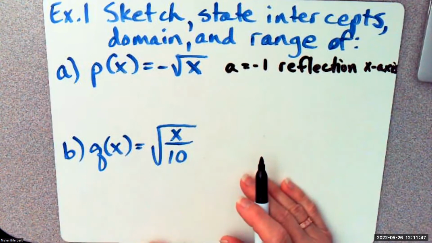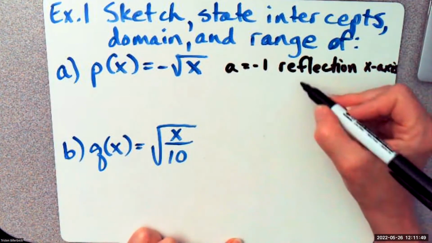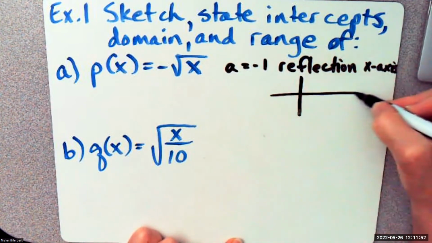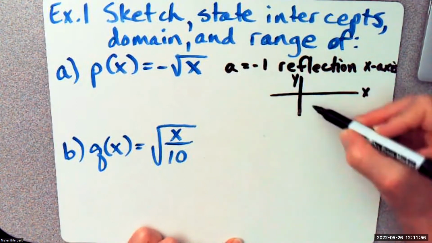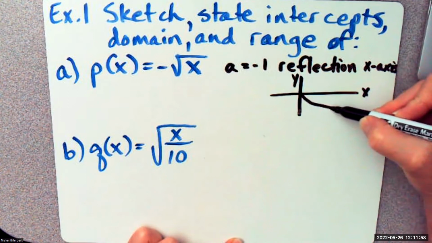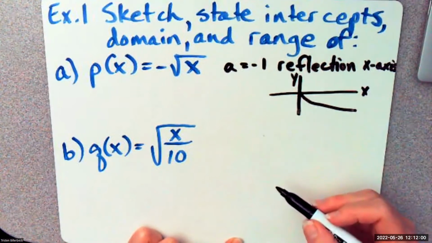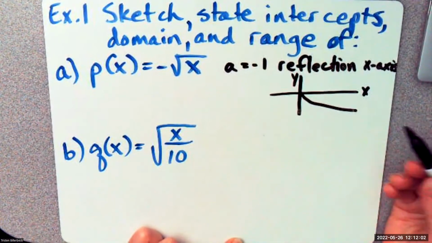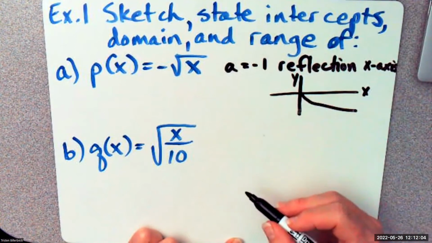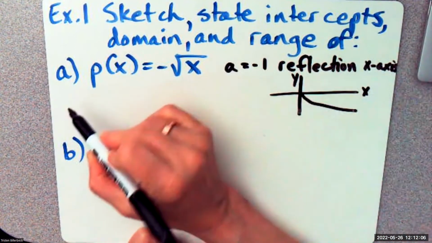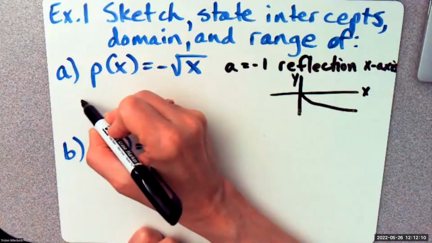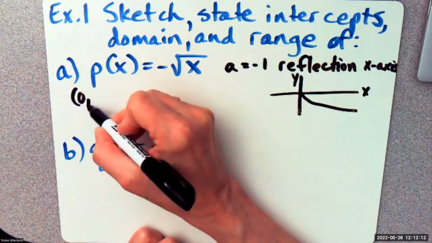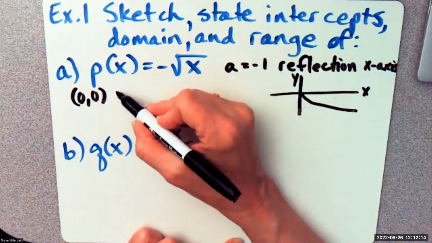Okay, so what we're going to see then is if we have an x, y and nothing else has changed, it's just going to look something like that. Okay, so we know that it starts at (0, 0). So we can say both intercepts are at (0, 0), the x and the y.